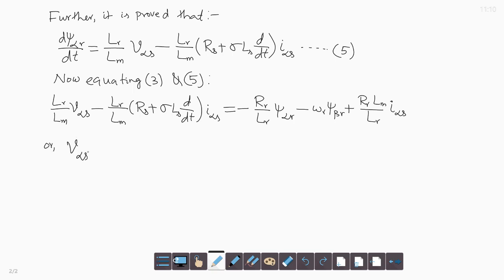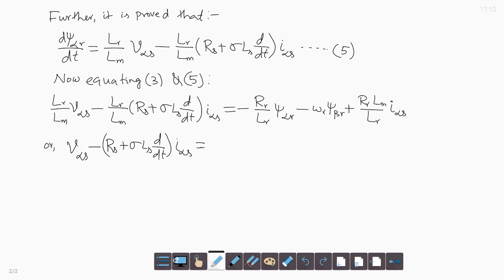V alpha S minus R S plus sigma L S into d by dt of I alpha S. We multiply L M by L R on both sides.